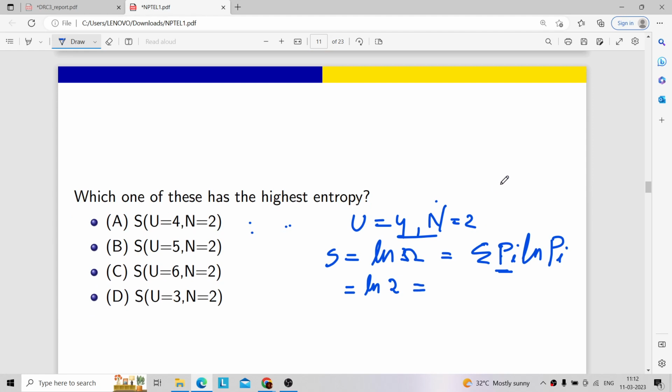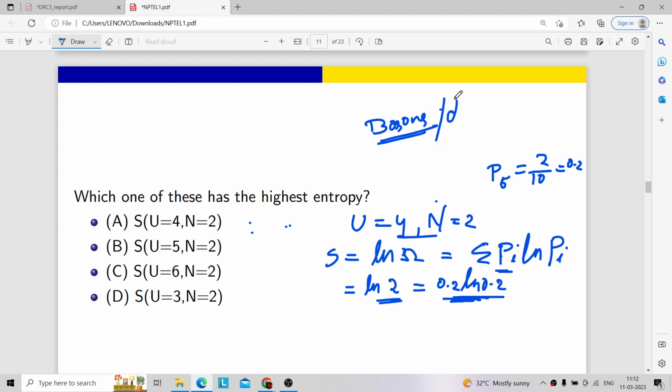And what is the probability of getting 4? It's 2 over 10, so it's 0.2. So what is the entropy according to this? 0.2 ln of 0.2. We can check what these numbers are. These are what we calculated. These are for bosons, and they are distinguishable. Just remember that.